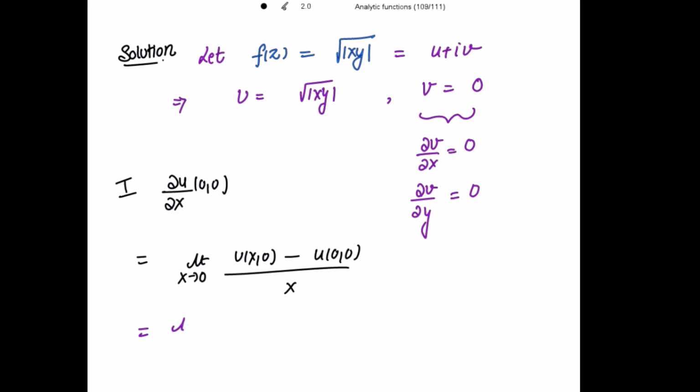Putting y equal to 0, u(x,0) is square root of mod x into 0, that is 0, minus u(0,0), which also gives 0, divided by x, so this limit is 0.